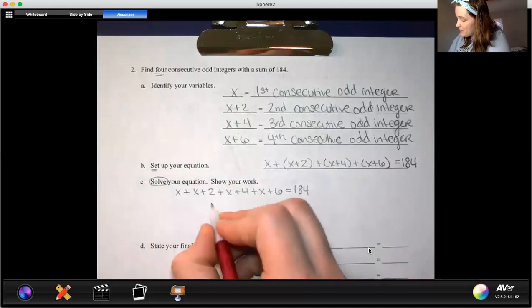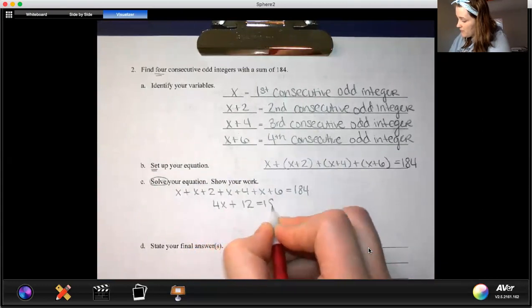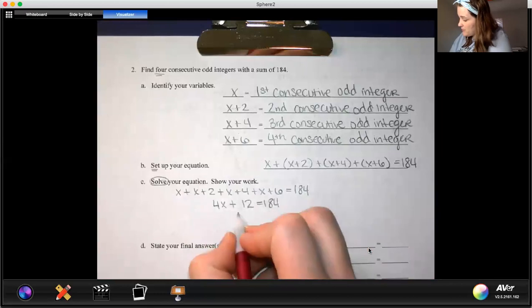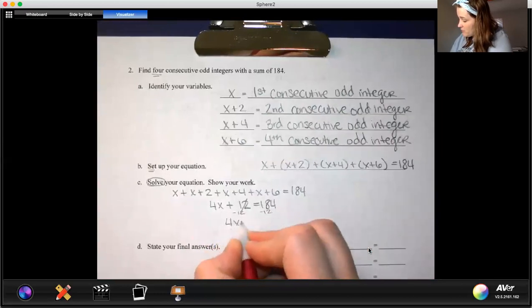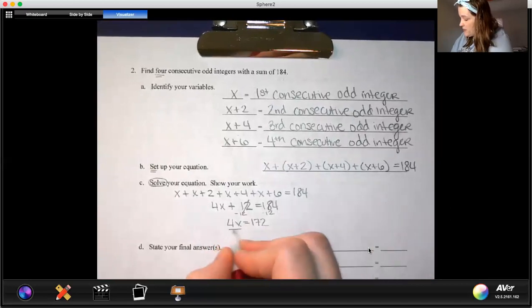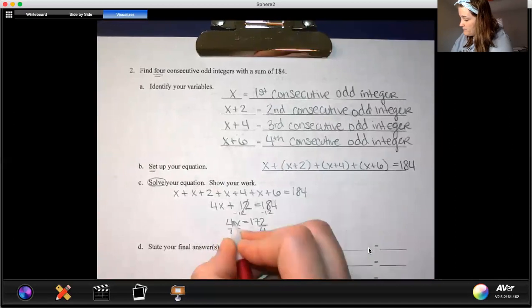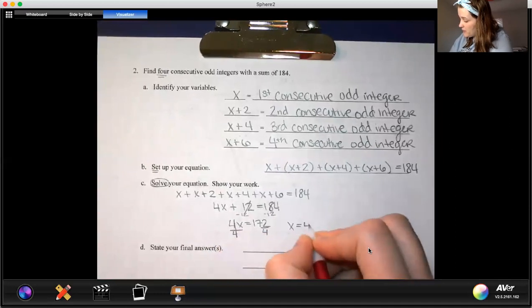So combining like terms, you get 4x plus 12 equals 184. Then we subtract our 12. 4x equals 172. Divide by 4. And x equals 43.